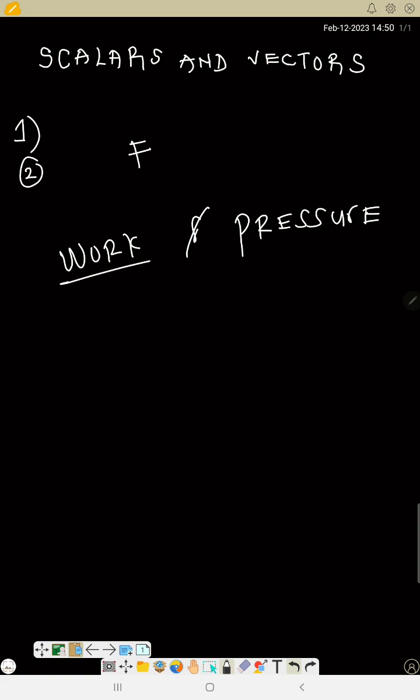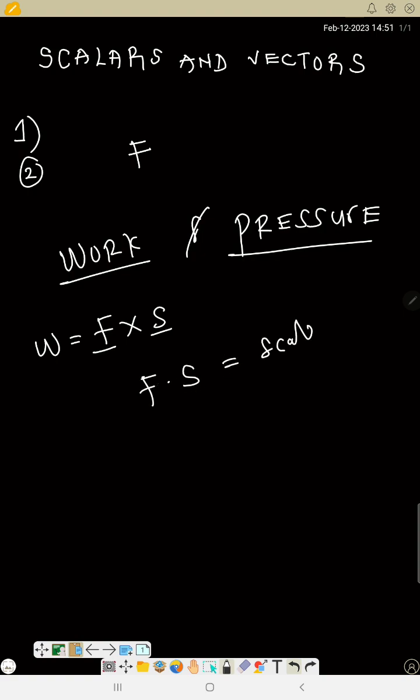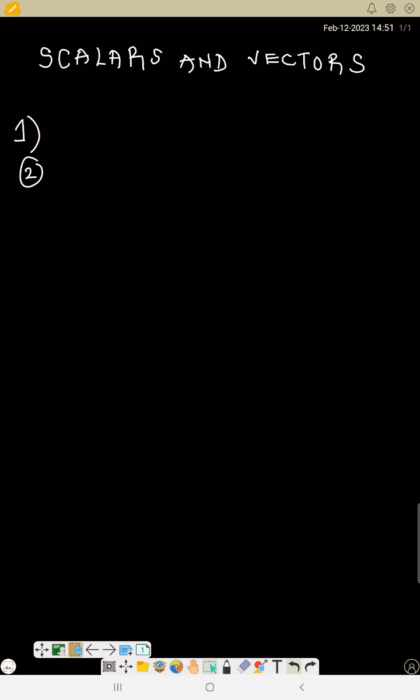Work is a scalar quantity, pressure is also a scalar quantity. Work is force times displacement. Force is a vector quantity, displacement is a vector quantity, so the dot product of two vector quantities is a scalar quantity. Just take note, we'll discuss all this later. So all forms of force except work and pressure are vectors.